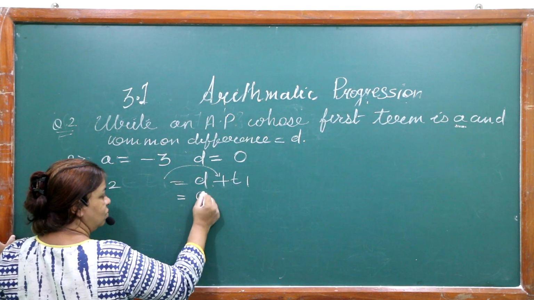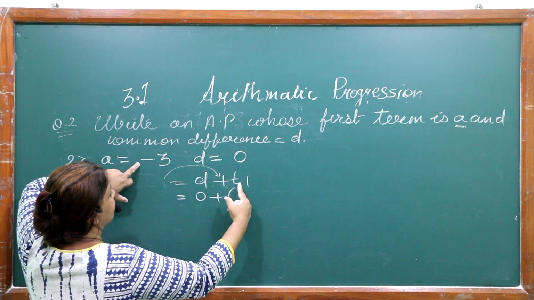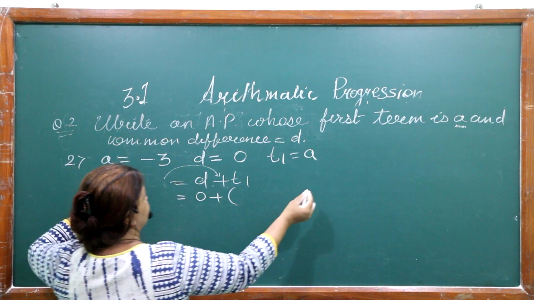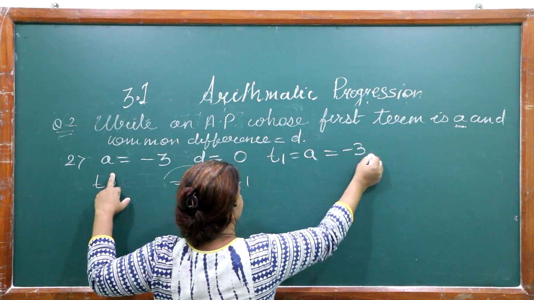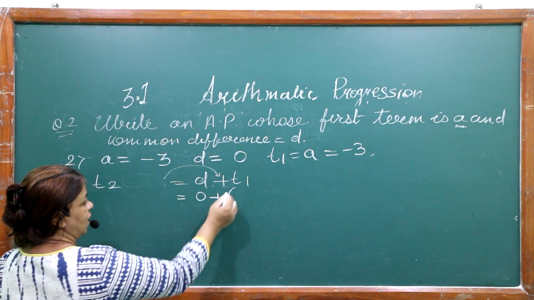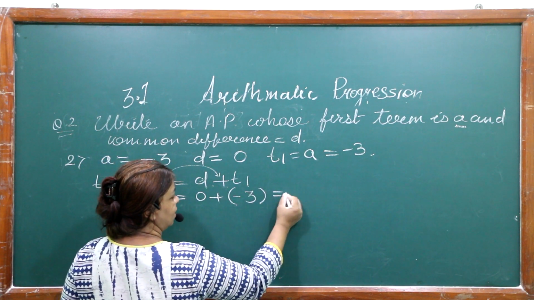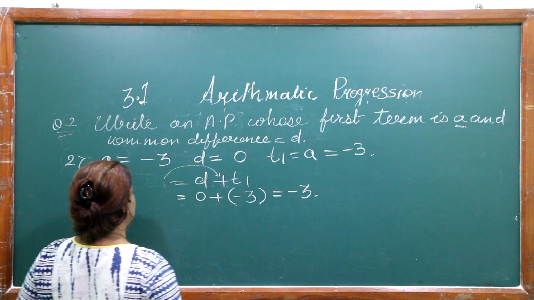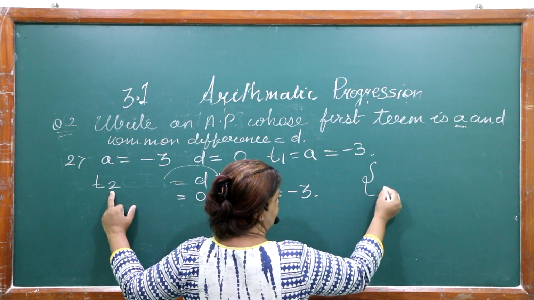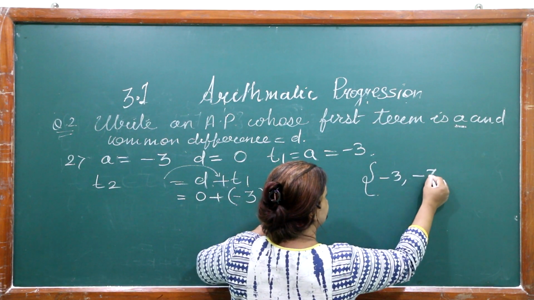D is 0, plus term 1. Term 1 is nothing but A, which is minus 3. A is only known as term 1, the first term, and T1 is minus 3. Plus minus will become minus 3. So the second term is minus 3. The sequence: first term is minus 3, second again I got minus 3.